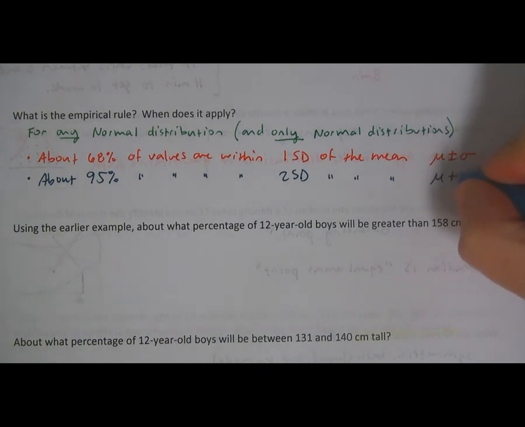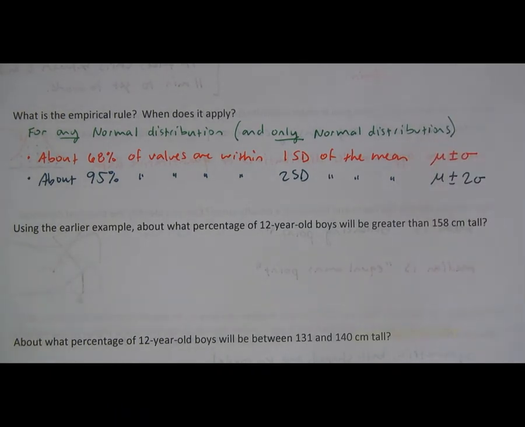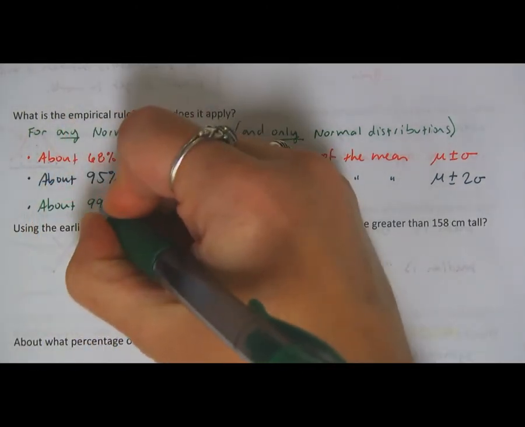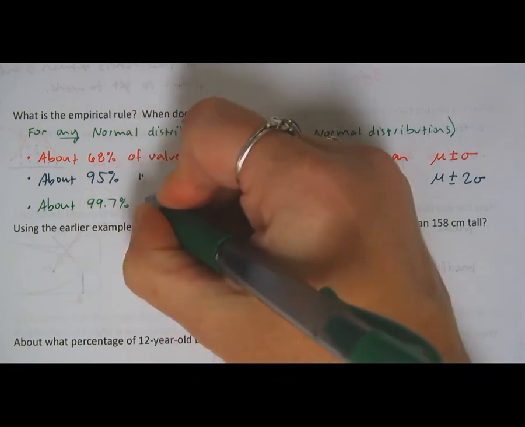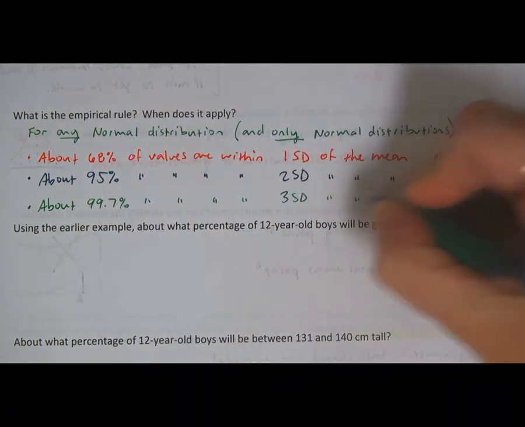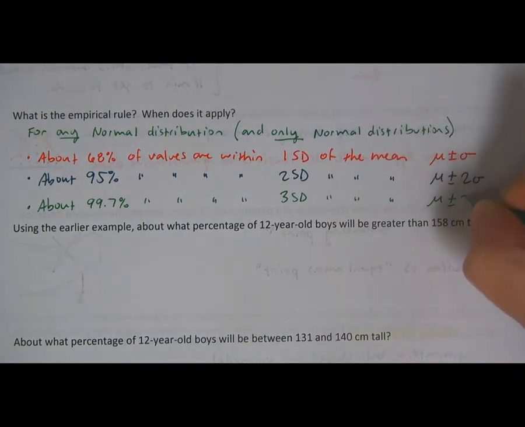That's mu plus or minus 2 sigma. Does anybody remember what the third percentage is? 99.7. Of values are within 3 standard deviations of the mean, mu plus or minus 3 sigma.